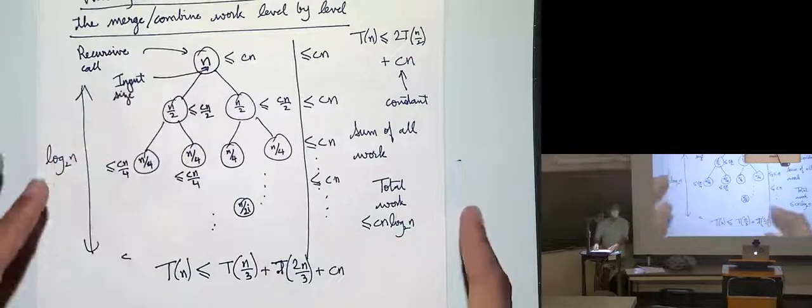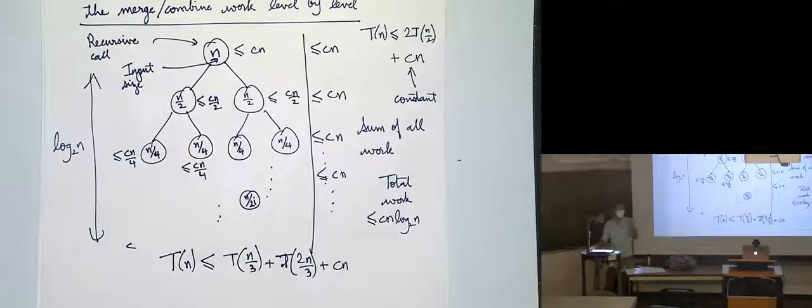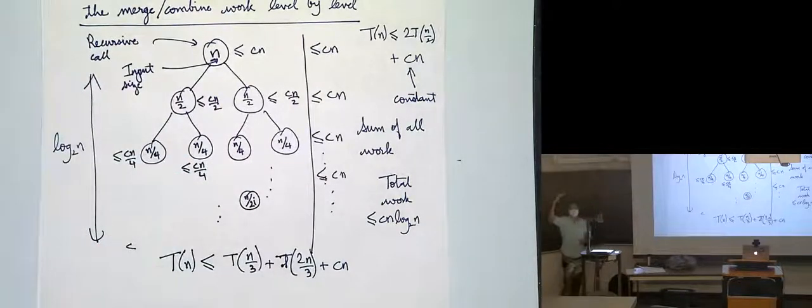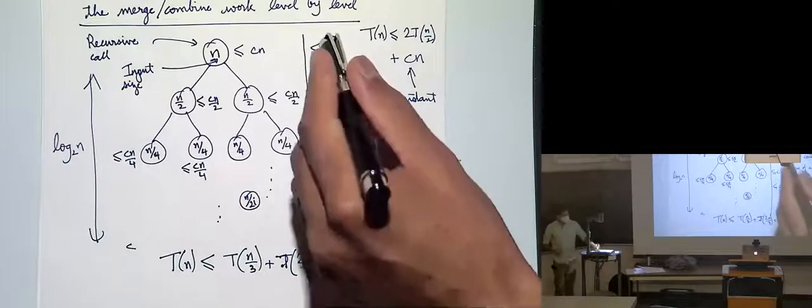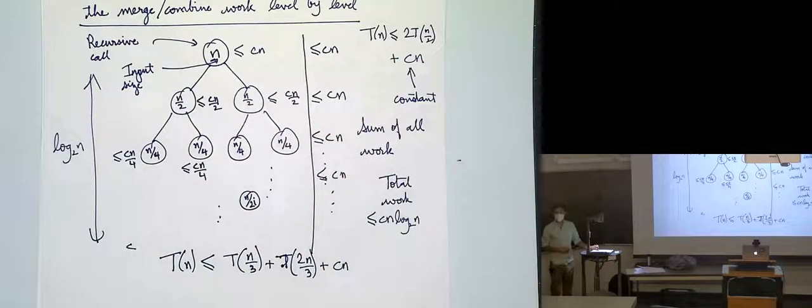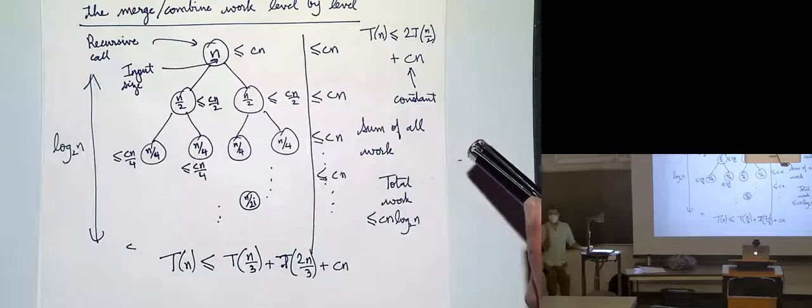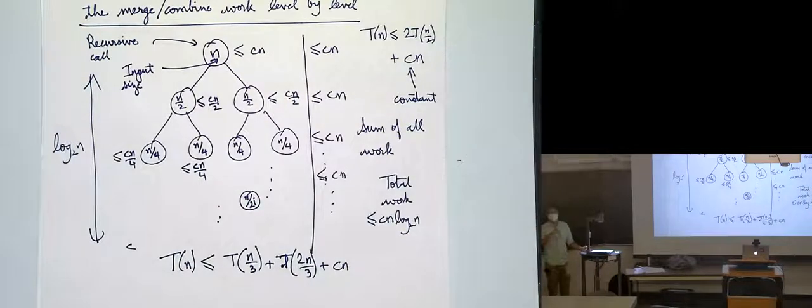If you draw this, you can just follow it level by level. What you see in this case is that in all the levels you get the same bound, so you get whatever it is times the number of levels. Usually you end up in one of 3 situations: an increasing geometric progression, a decreasing geometric progression, or all the same.